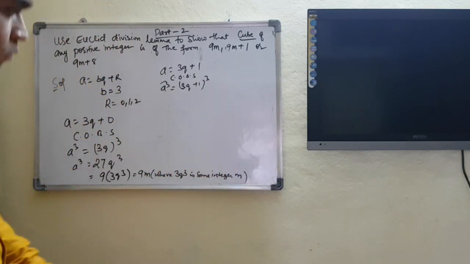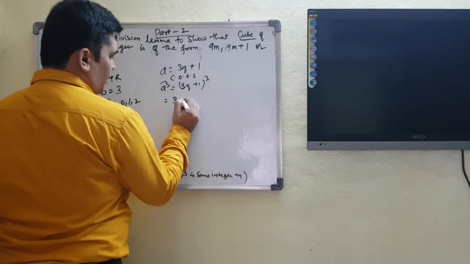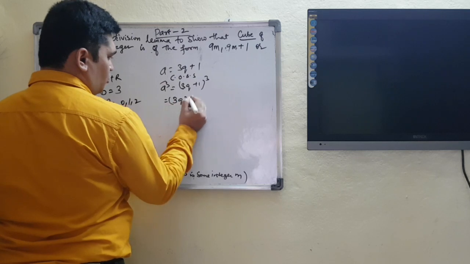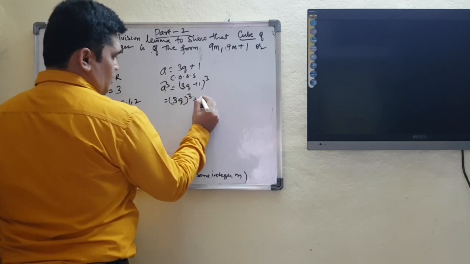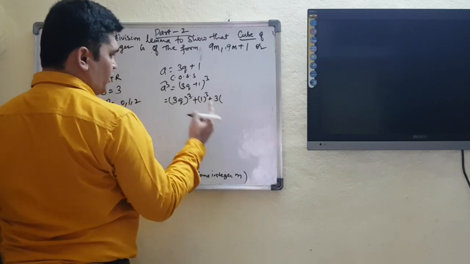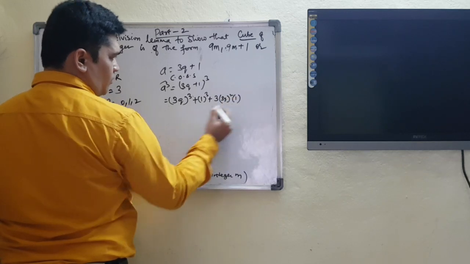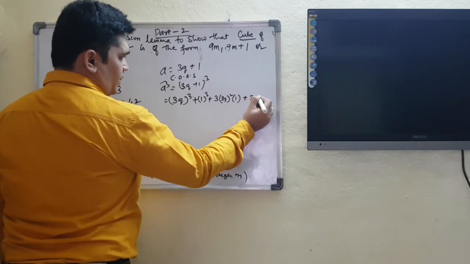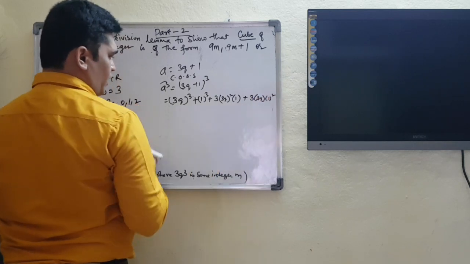So using the formula a plus b whole cube, I can expand this as 3q cube plus 1 cube plus 3 a square b. A is nothing but 3q, square, into 1, plus 3 ab square. A as it is, b is my 1 square.